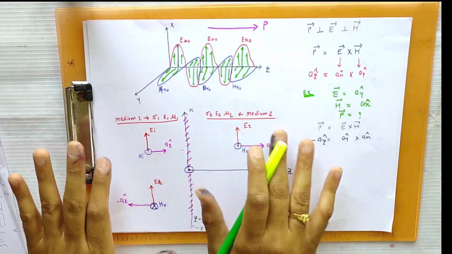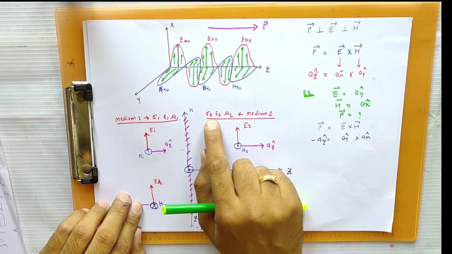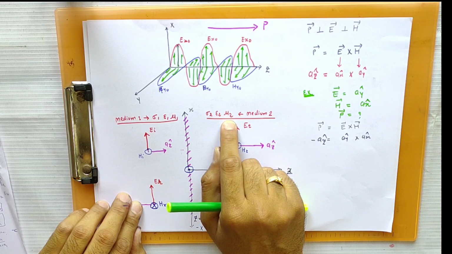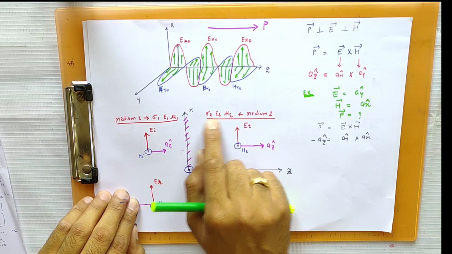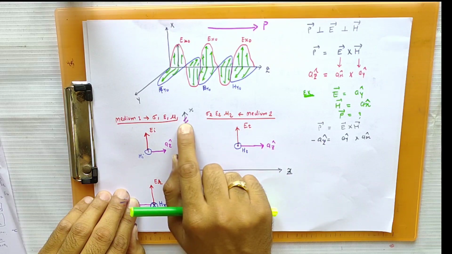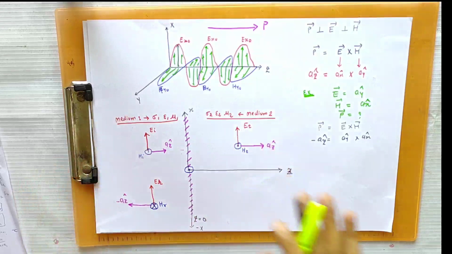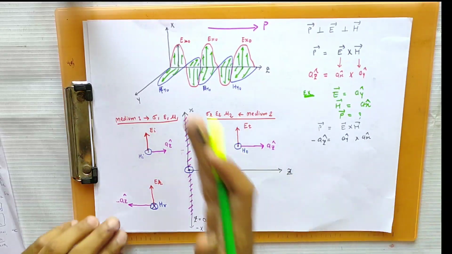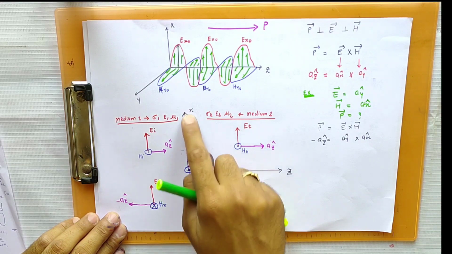Both media contain sigma 1, epsilon 1, mu 1, sigma 2, epsilon 2, and mu 2. Here the sigma value is not 0, permittivity is not unity, permeability is not unity. So we apply the boundary condition at z equals 0. So z equals 0 is my boundary.